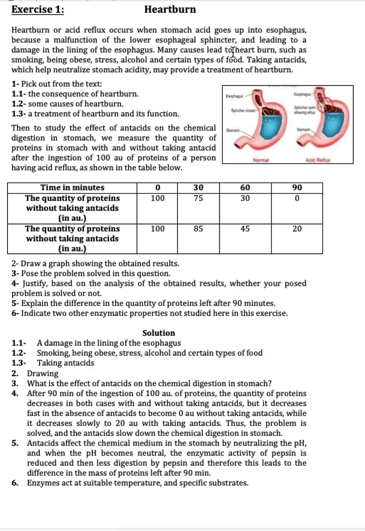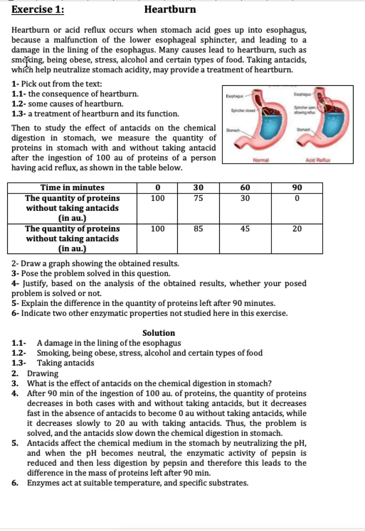Many causes lead to heartburn, such as smoking, being obese, stress, alcohol, and certain types of food. So here we have many causes that lead to heartburn.